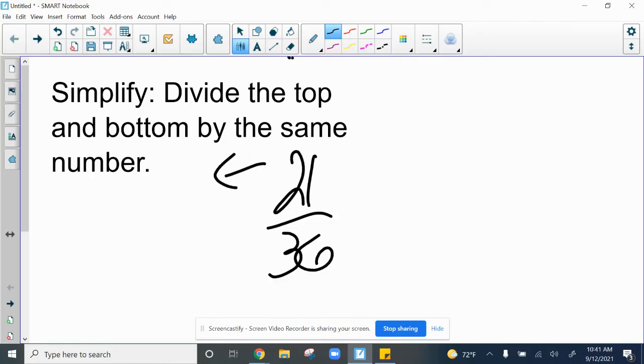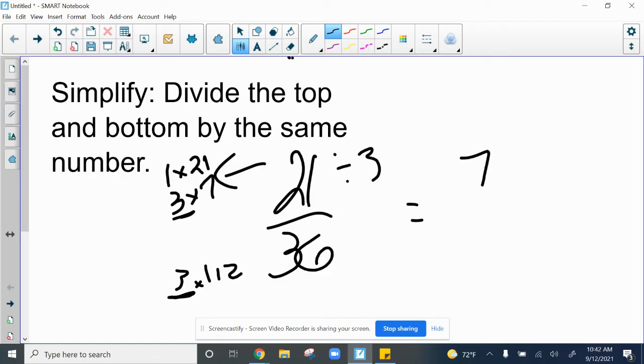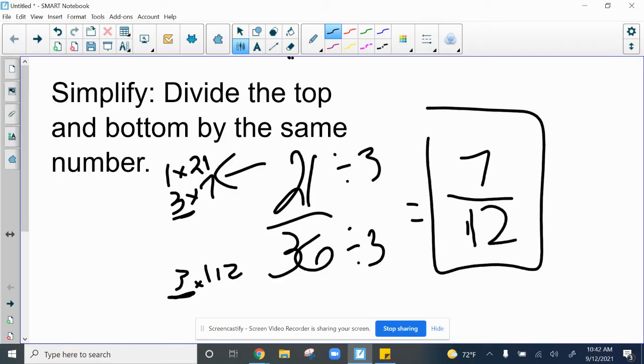And I know that 21 can be made up of 1 times 21 or 3 times 7. And I know that 36 can also be divided by 3 because you can do 3 times 12 to get to 36. So I'm going to divide these both by 3. 21 divided by 3 is 7. 36 divided by 3 is 12. So this would simplify to 7/12.